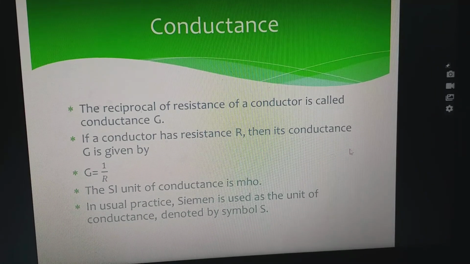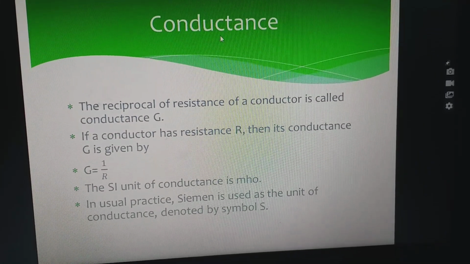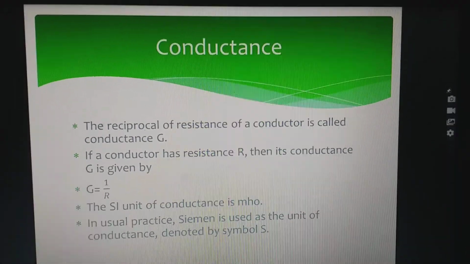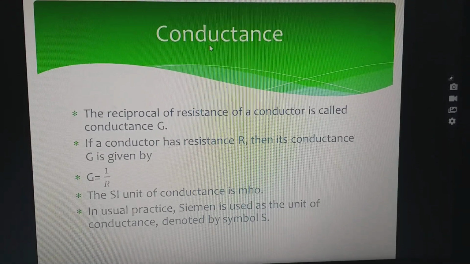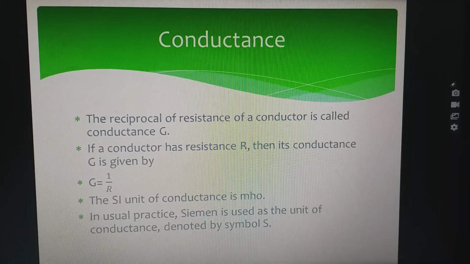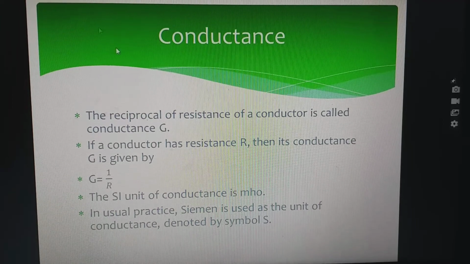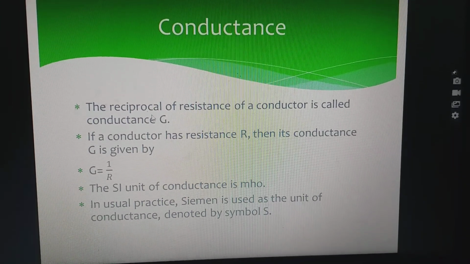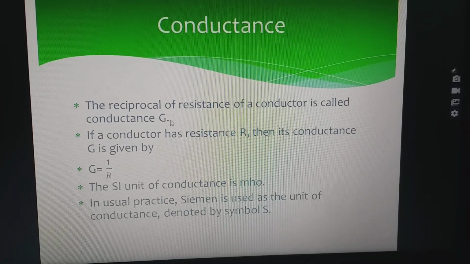First of all, we come to conductance. Conductance comes from conductors. Conductors allow electric charges to move through them easily. The reciprocal of resistance of a conductor is called conductance.